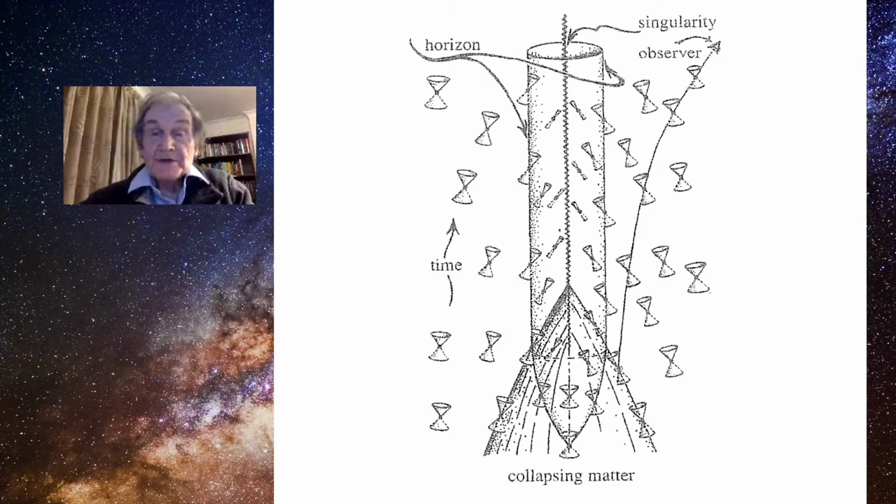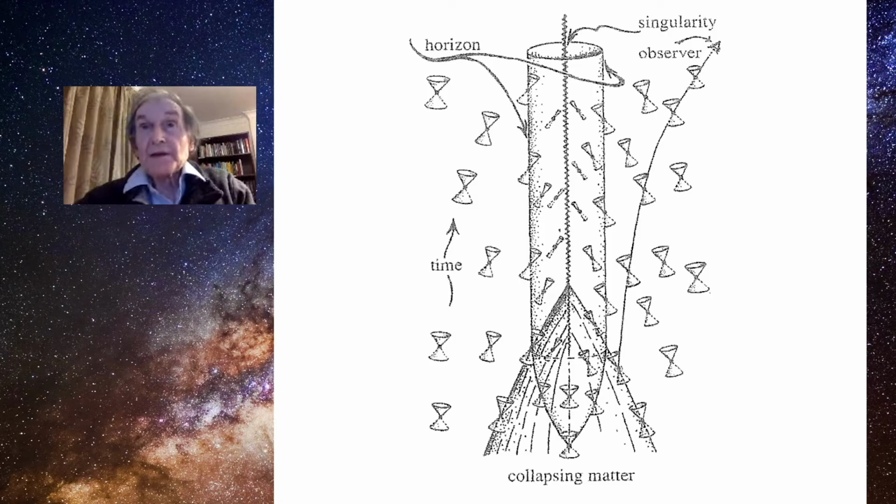You have this apparent singularity at the Schwarzschild radius, which is not a singularity. By choosing the right coordinates, you can fall through it. It's what we now call a horizon. Nevertheless, you still get the singularity in the middle, and it didn't seem that there was any way of getting rid of that singularity.